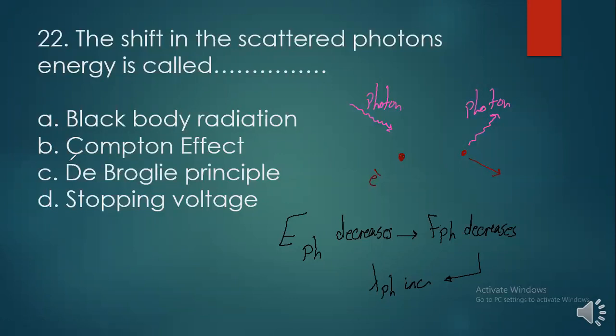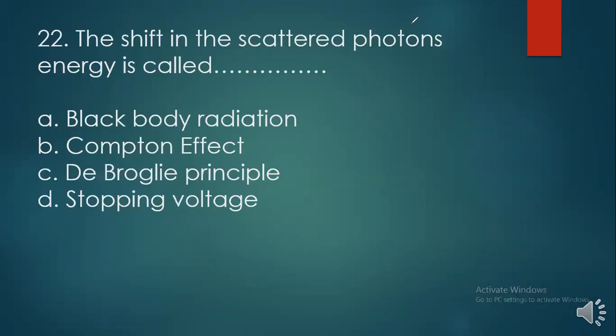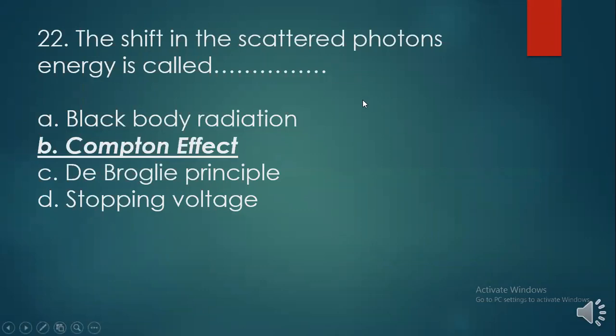It's the change in the wavelength of an incoming photon when it collides with an electron. So here, the answer is B, Compton effect. Next question.